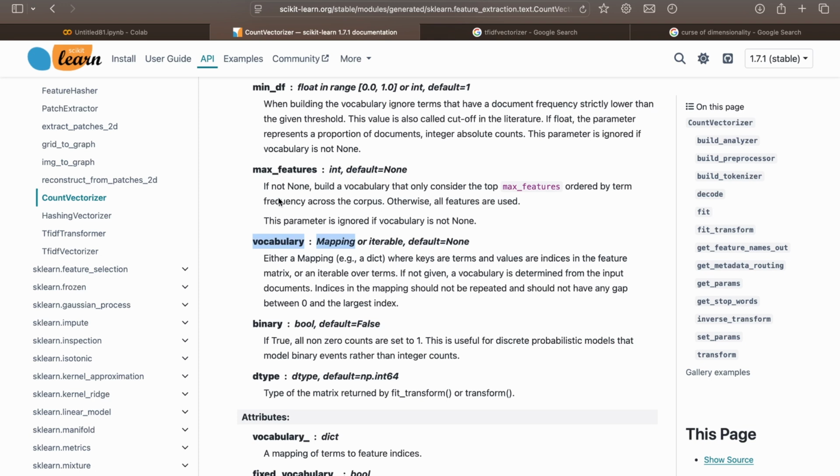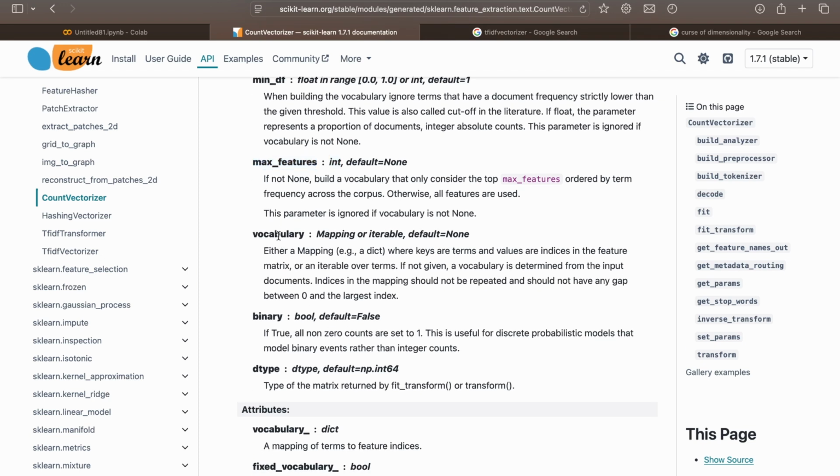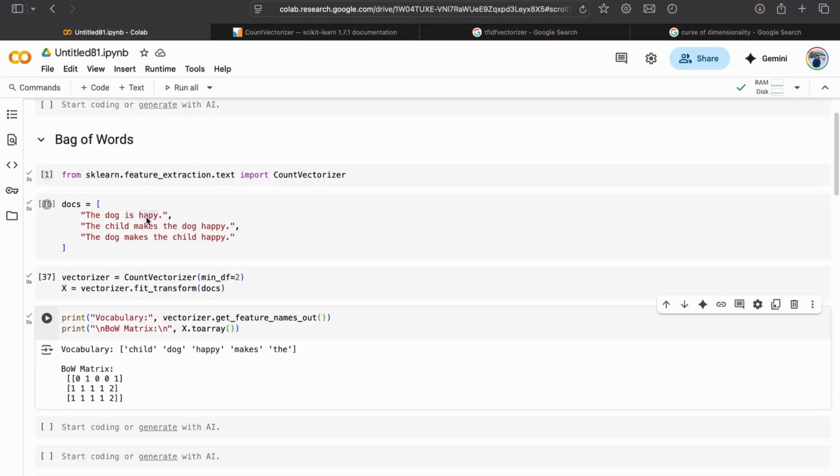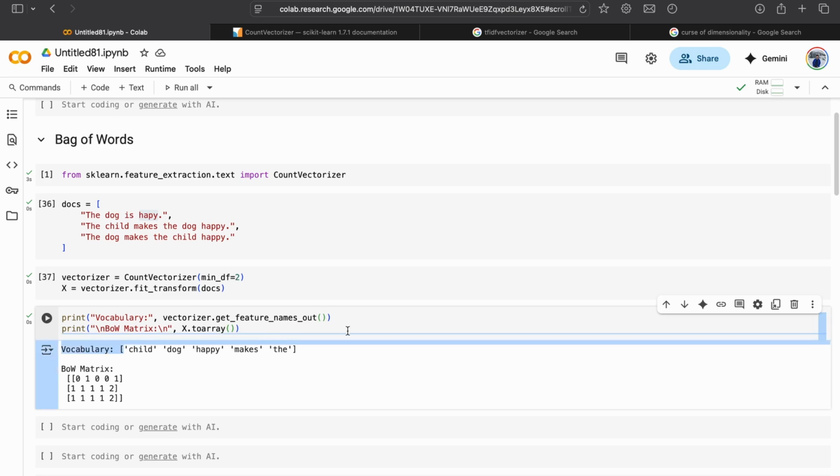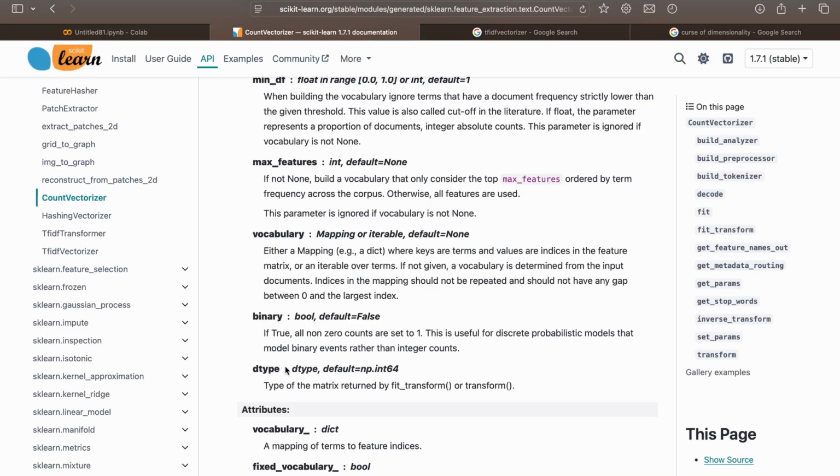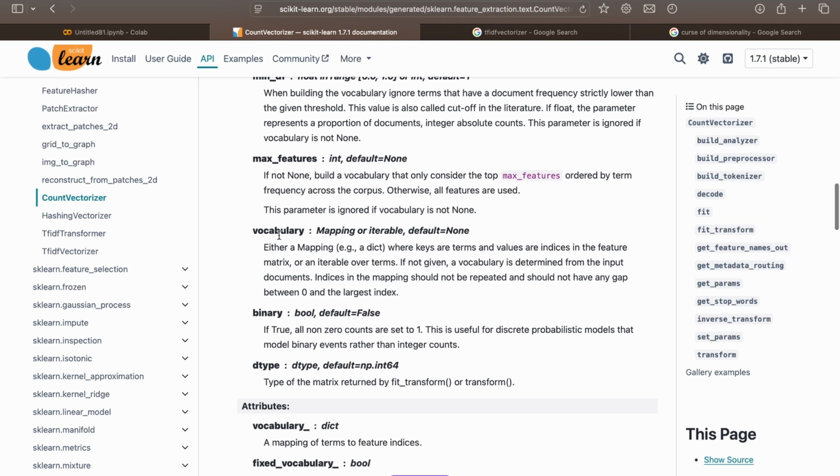We have max features. So we can cap the number of features or cap the dimension, and we can also provide a vocabulary. Here the vocabulary is created on its own based on the examples given. We can create our own vocabulary and provide it using this parameter.